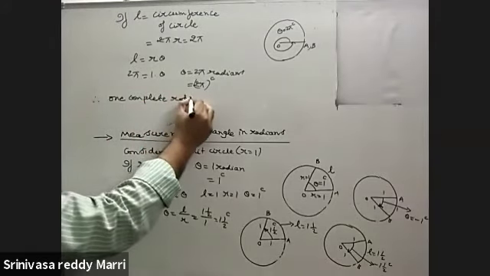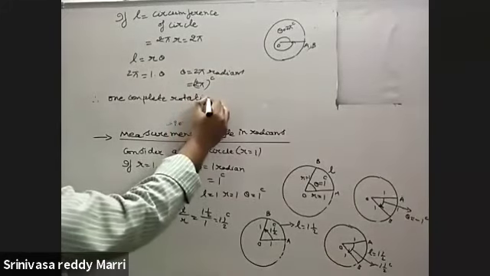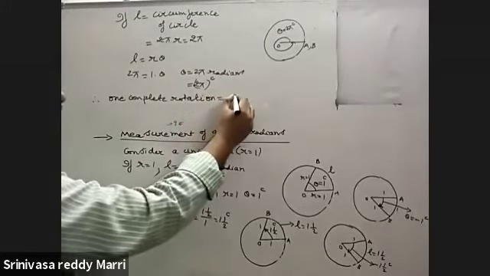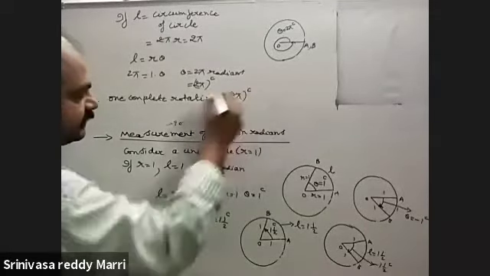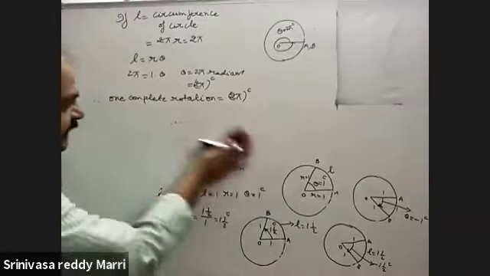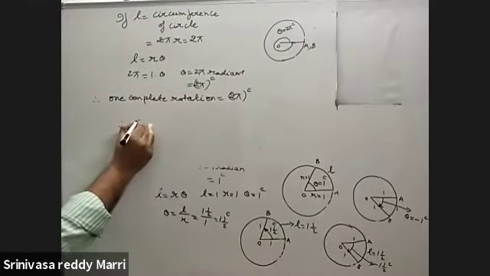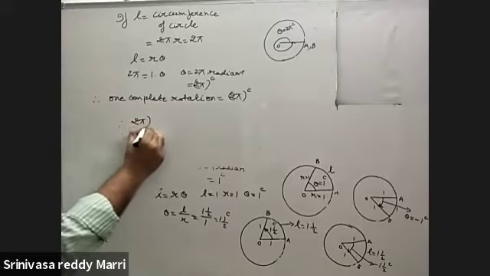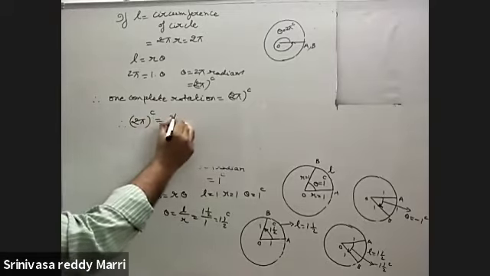Therefore, one complete rotation equals 2 pi radians. One complete rotation in degrees is 360 degrees. This angle and that 360 degrees will be the same. Therefore, 2 pi radians is nothing but 360 degrees.